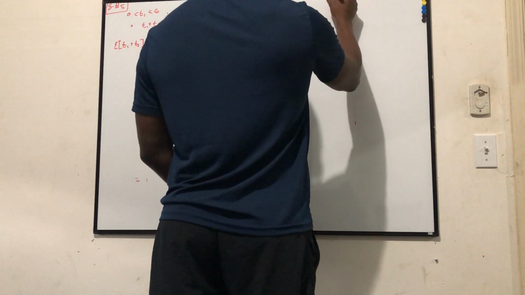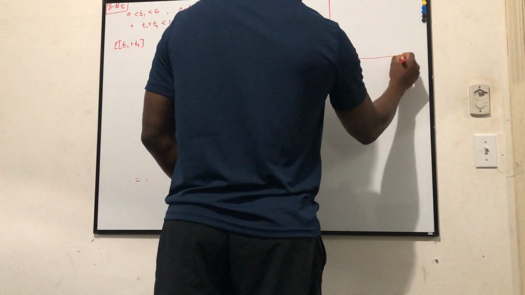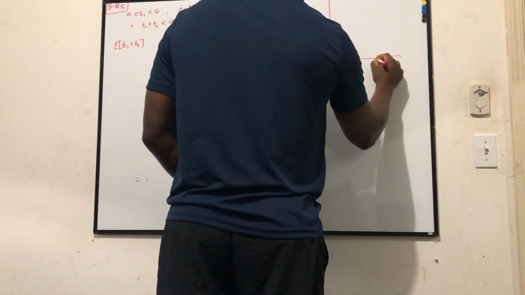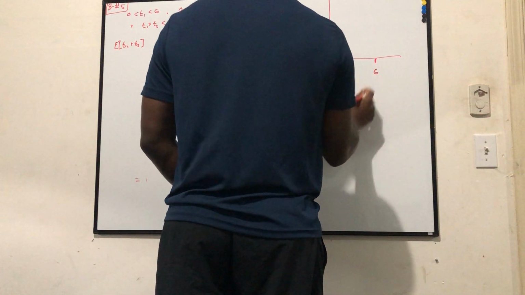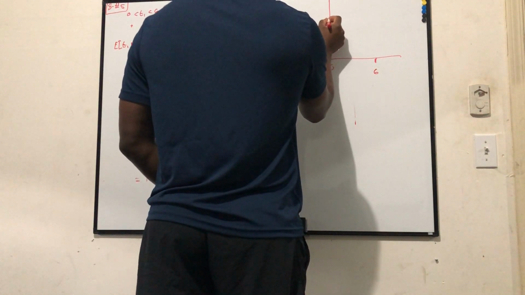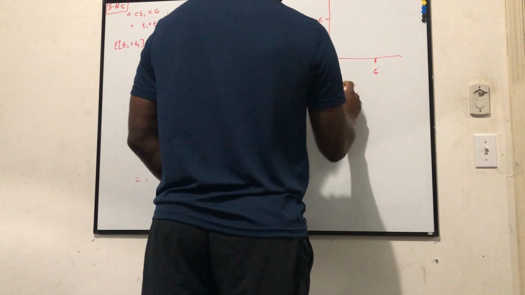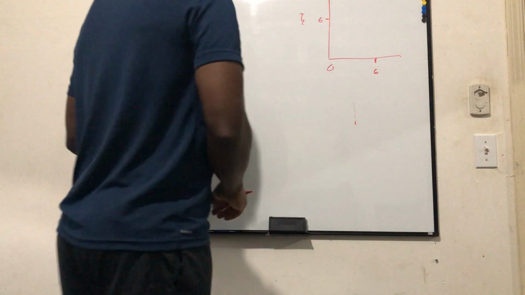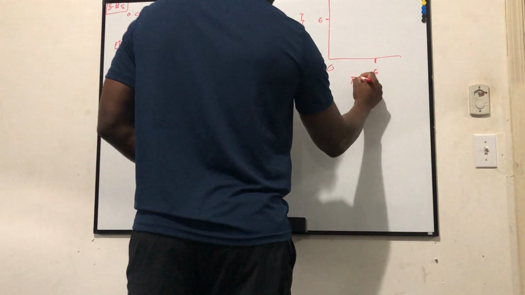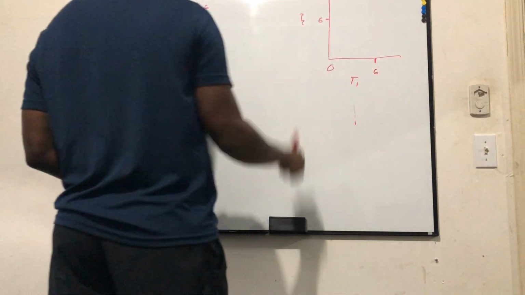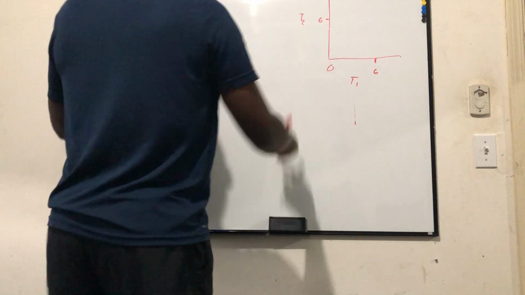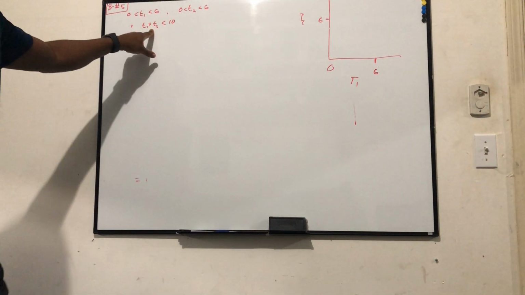Let's make it a little longer, and then go here, 6. So right about here is probably 6. T1 is between 0 and 6, T2 is between 0 and 6, but they also have this other constraint here.